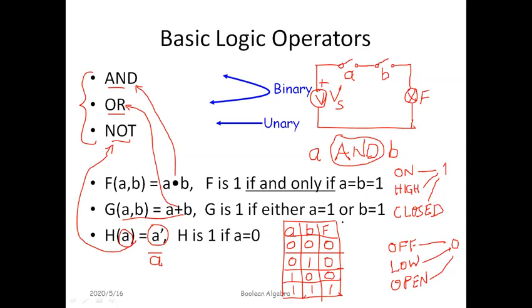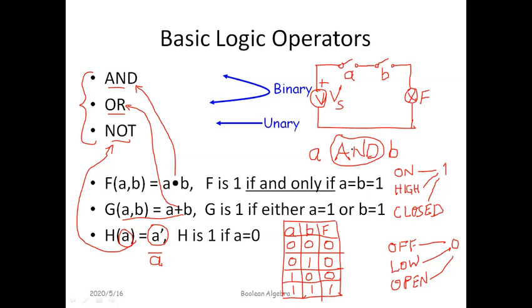Such a table that gives us more information about the behavior of a logic operator when subjected to different input combinations is known as a truth table. We shall explain more about a truth table in the coming slides.